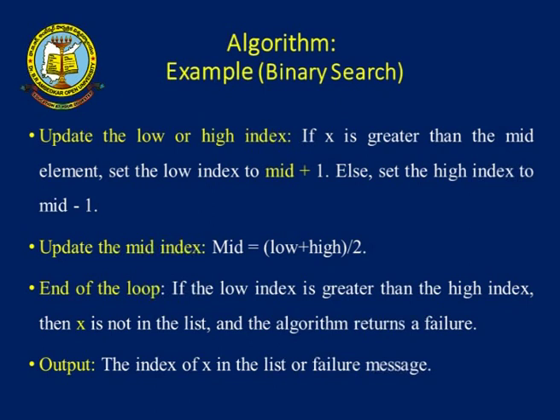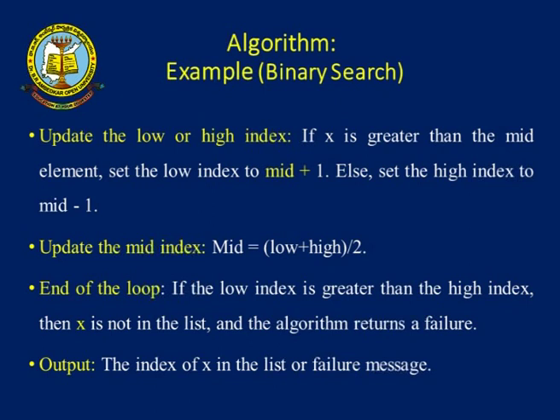So, if your target element is lesser than or equal to the mid element, the element you want to search will be there in the first half. If it is in the second half, definitely it will be found there, as the elements are in sorted order.